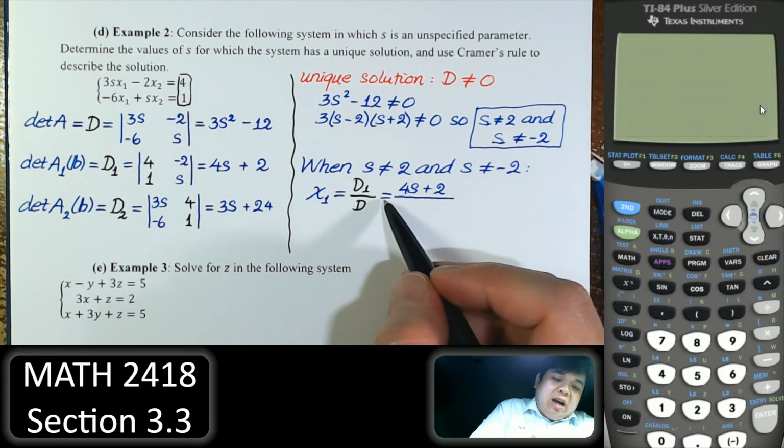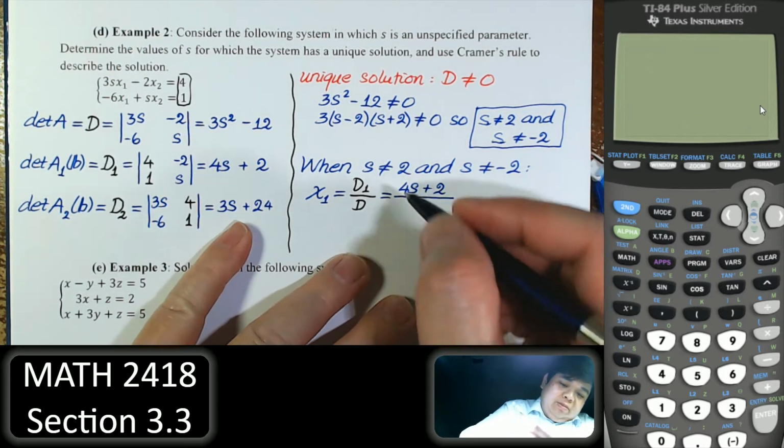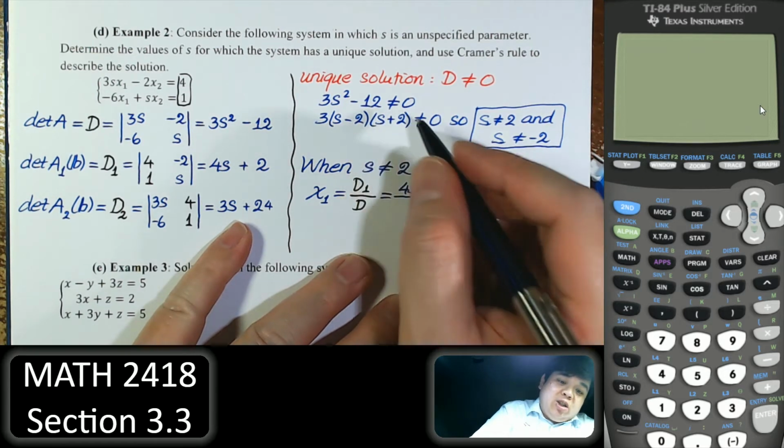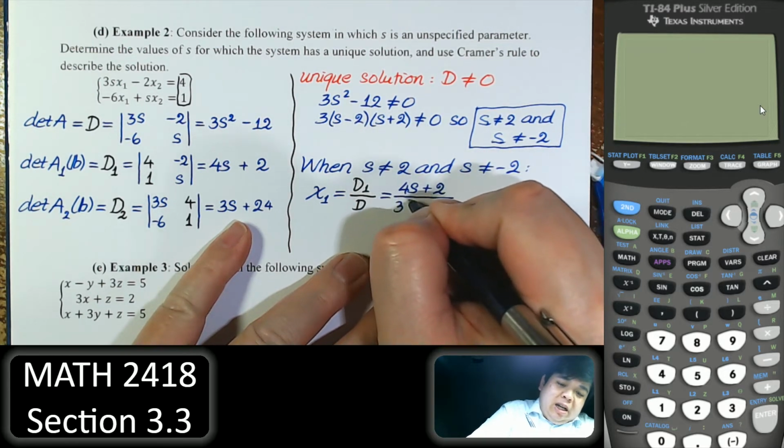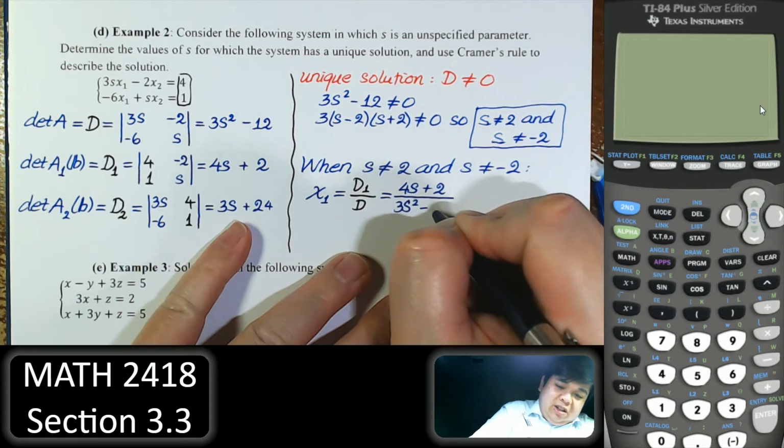Of course, we can factor out 2, and we have s plus 2 on the top cancel with s plus 2 at the bottom, but it doesn't matter, just leave the answer in that form.